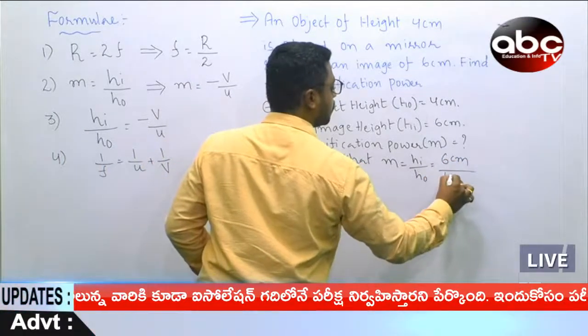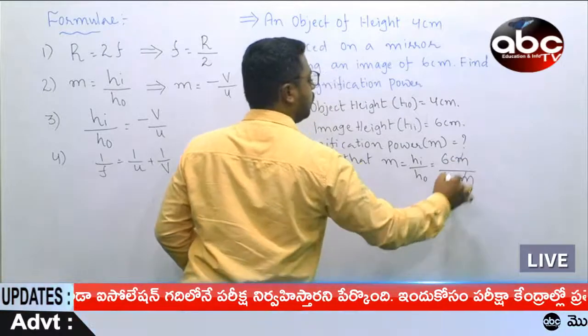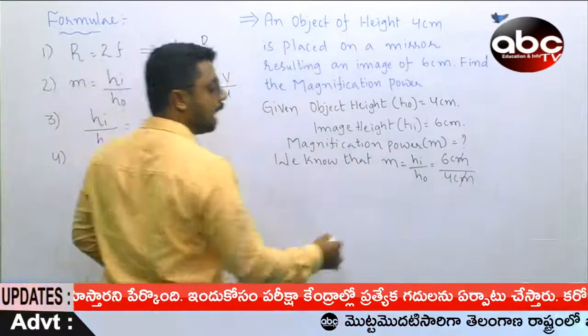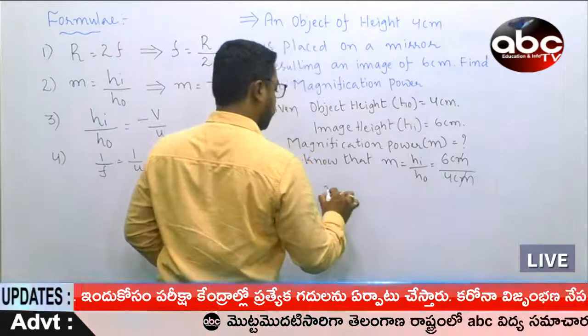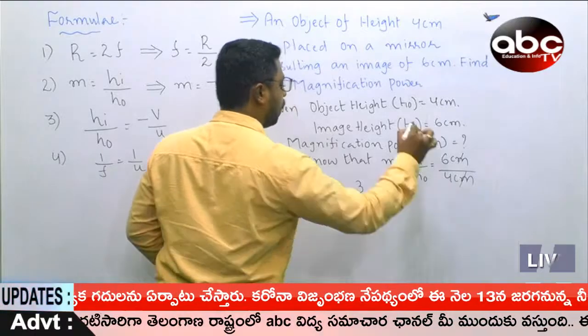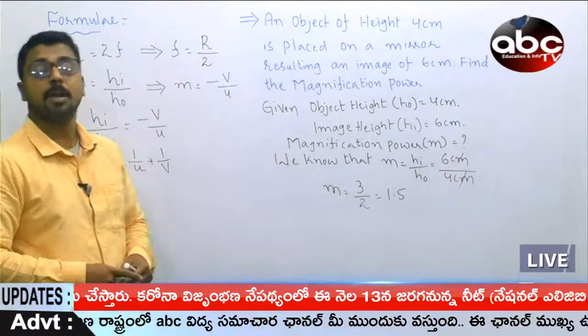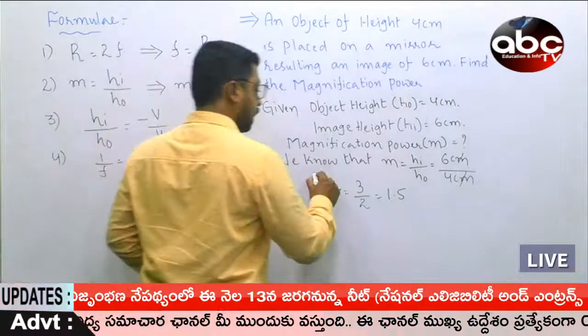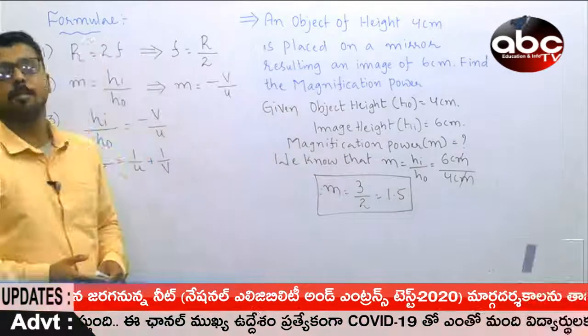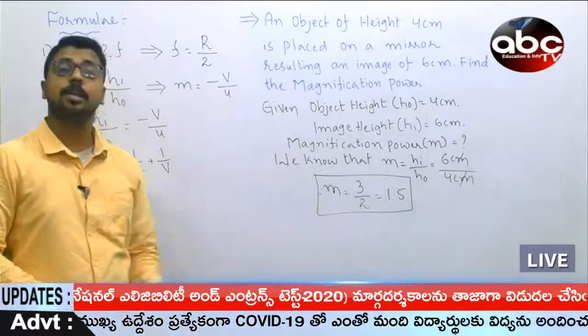Height of object is equal to 4 centimeter. Centimeter gets cancelled, so there are no units for the magnification. And of course, 6 by 4 is equal to 3 by 2 or 1.5. Therefore, M is equal to 3 by 2 or 1.5, and it doesn't have any units.